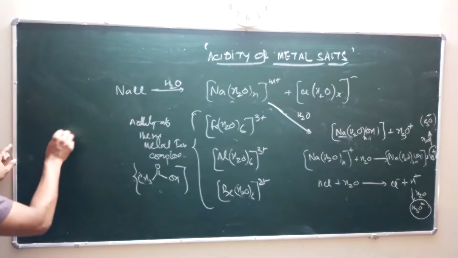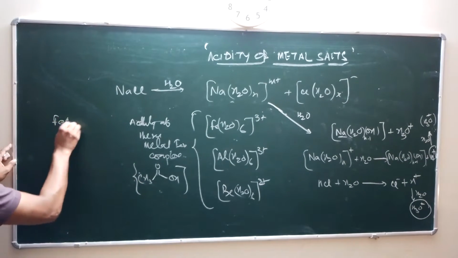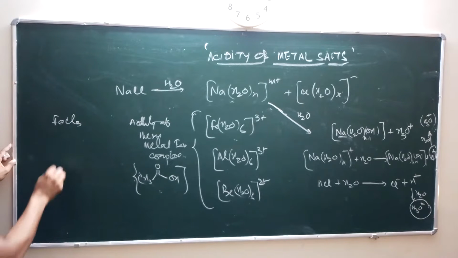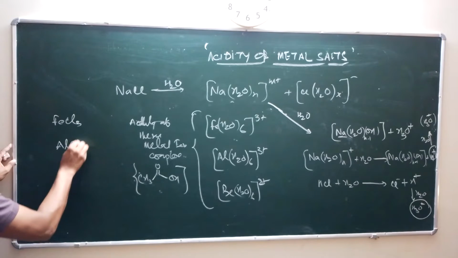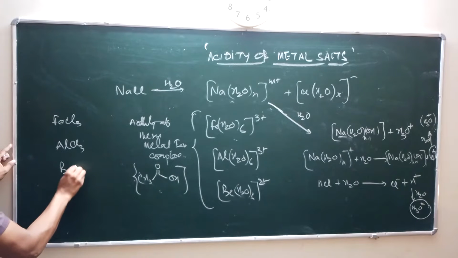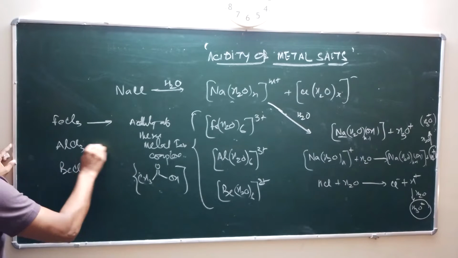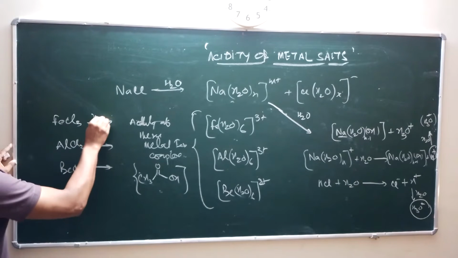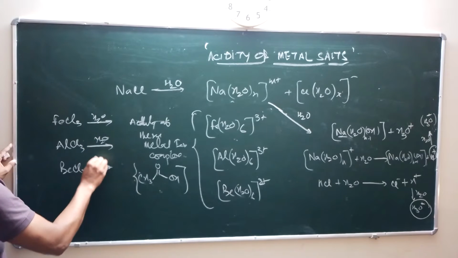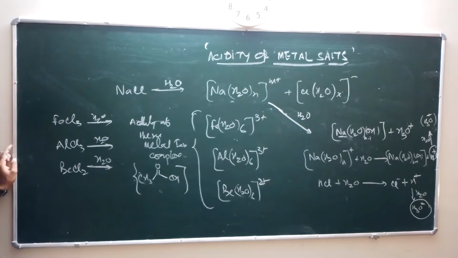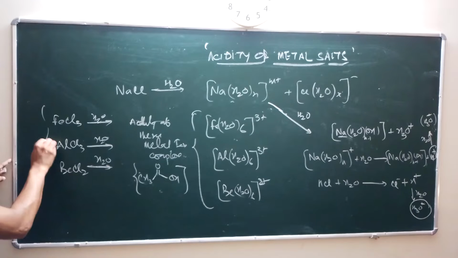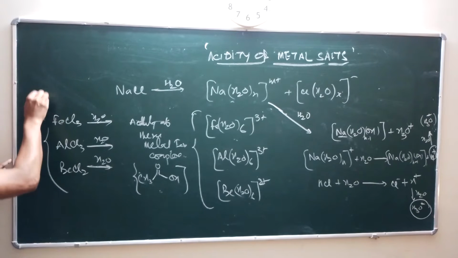That means if you dissolve FeCl3, AlCl3, or BeCl2 in water, the resulting solution would be acidic.